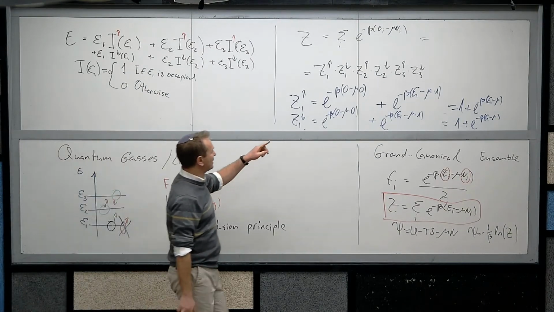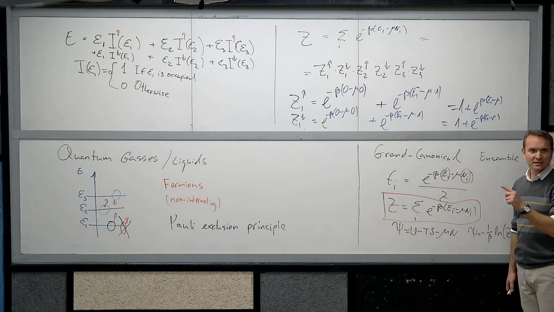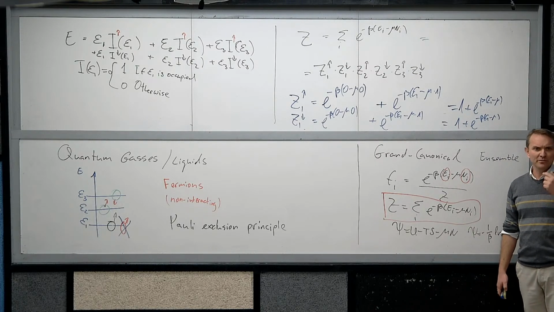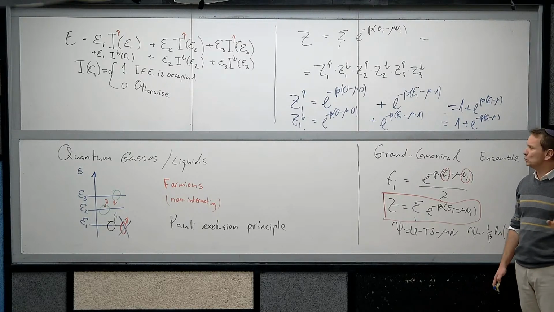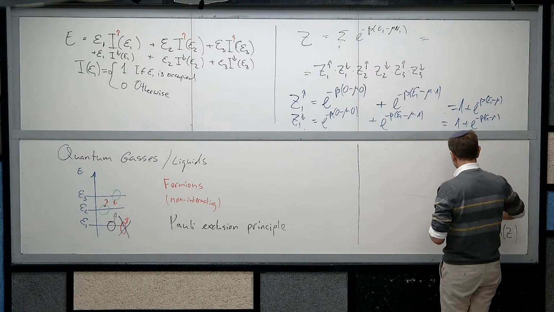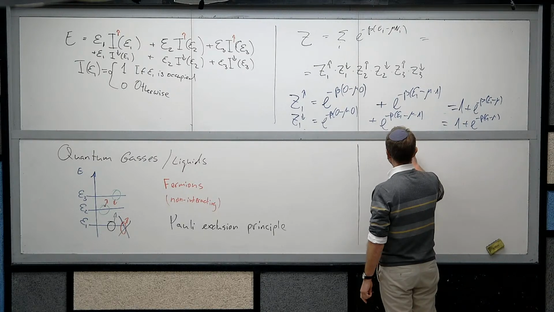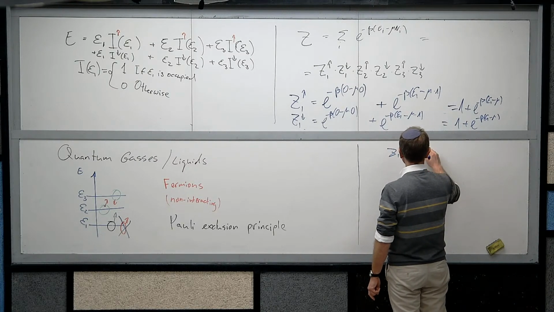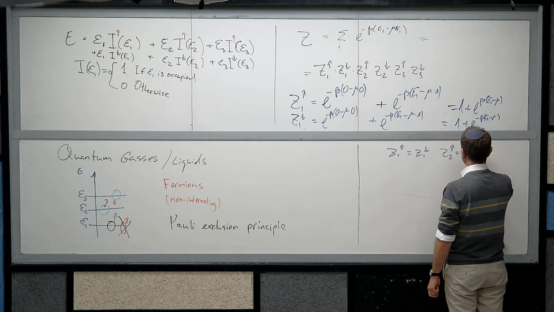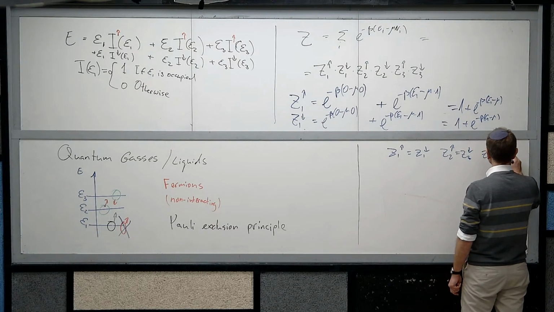Now, notice that z1 up and z1 down have exactly the same form. Now, why? Because the energy is independent of the spin. If they were dependent on the spin, it would be a different matter. So basically, due to the degeneracy of the energy from the spin, we can say that z1 up equals z1 down, and the same will happen to z2 up, which is going to be equal to z2 down, and z3 up is going to be equal to z3 down.